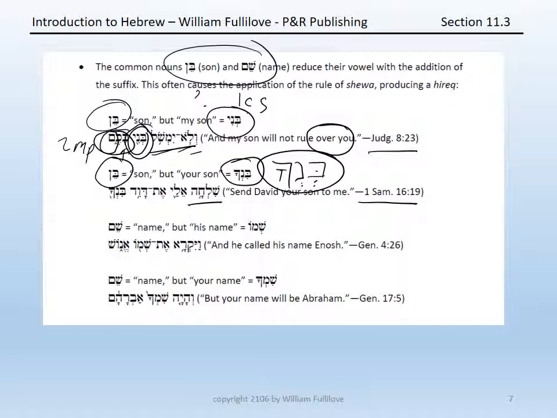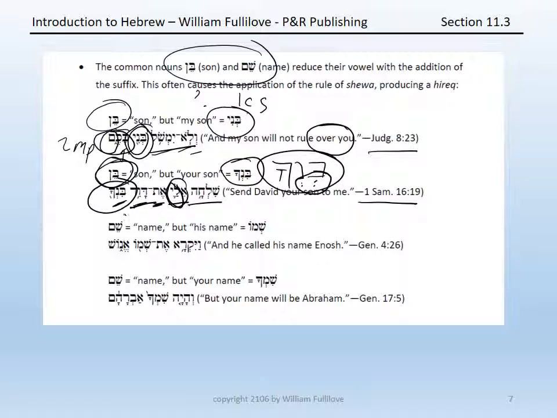It's a command, send, qal imperative, to me, the preposition el plus the suffix i, et, which marks the definite direct object, David, the object, the one who is sent. So send to me David, and then David is described with binka, your son. This is the form ben, but in construct, ben, and with the addition of the suffixes, you would have the form b'nka, but the rule of schwa will not allow it, and so instead you have binka.